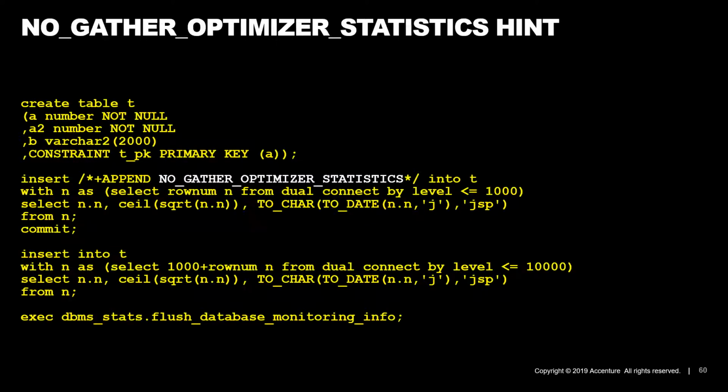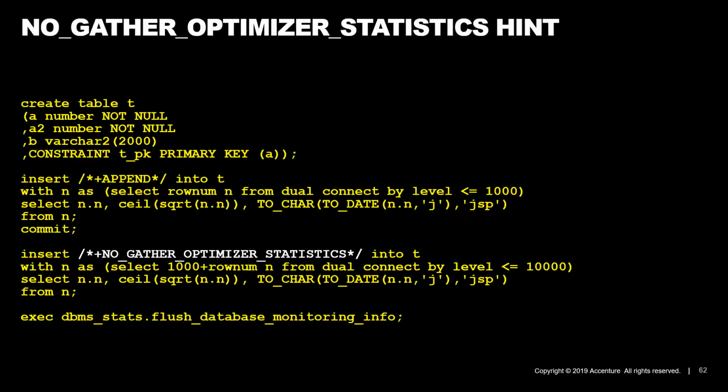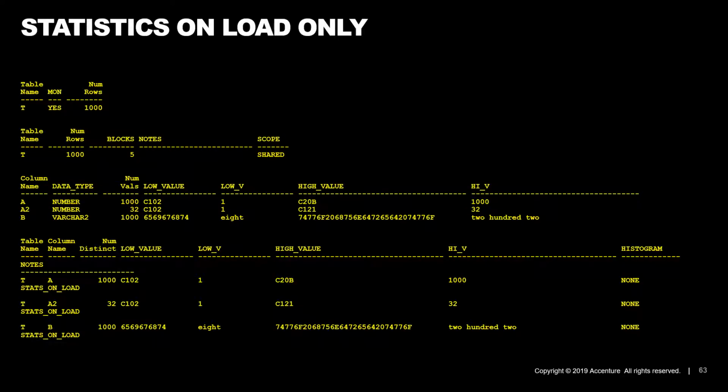So here's an example of the hint used during the initial direct path load. I don't get any statistics at all. I don't get normal statistics, and therefore I don't get real-time statistics. And here is the hint used only in the second conventional path insert, and now I get normal statistics on load, but I don't get real-time statistics.